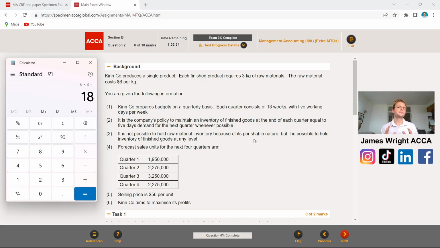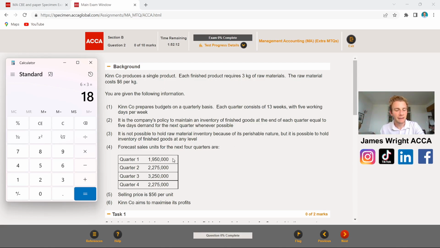Let's just read that again so that we're crystal clear on this. Each quarter consists of 13 weeks with 5 working days per week. And it's the company policy to maintain an inventory of finished goods at the end of each quarter equal to 5 days demand for the next quarter wherever possible.